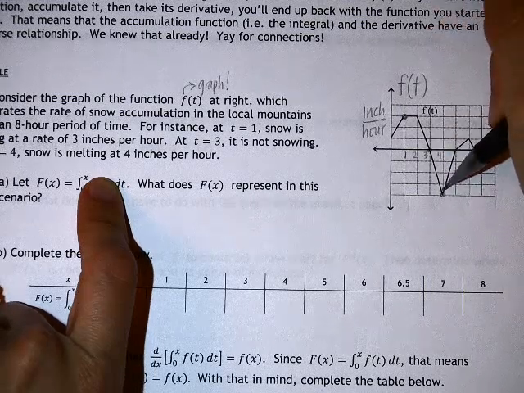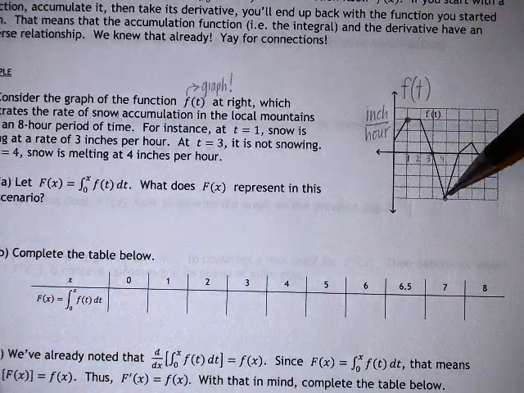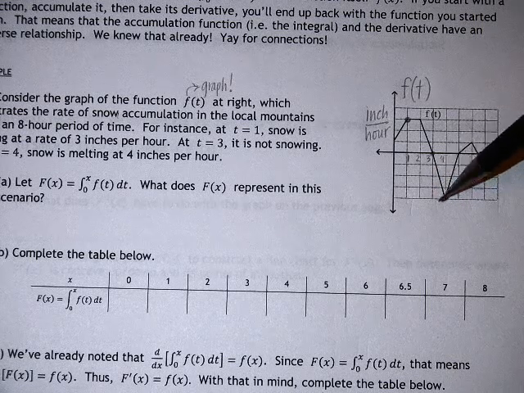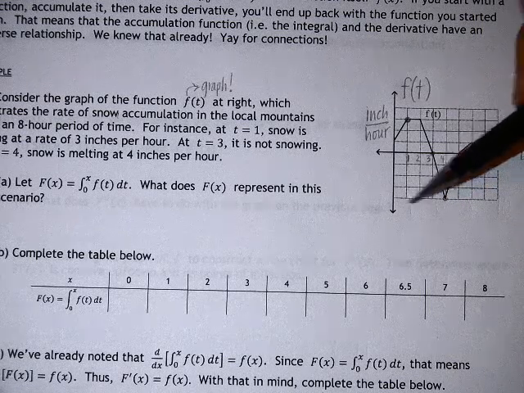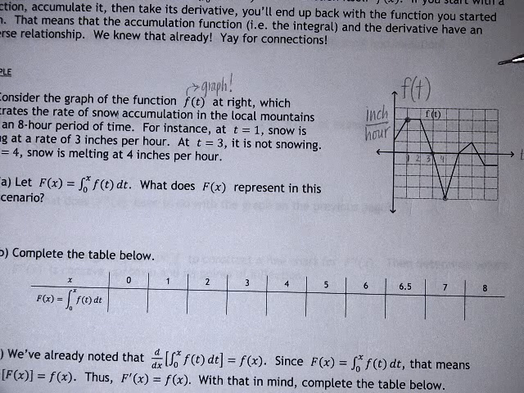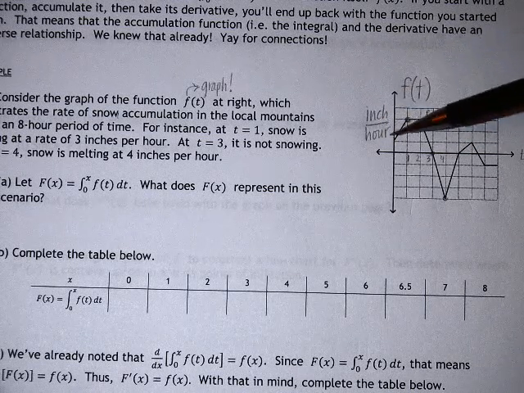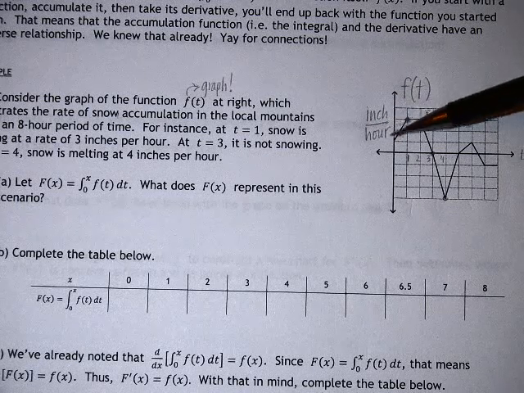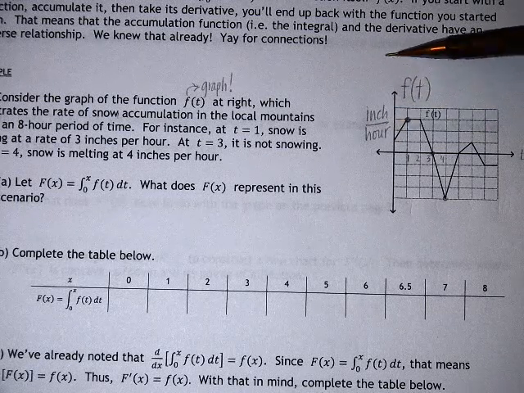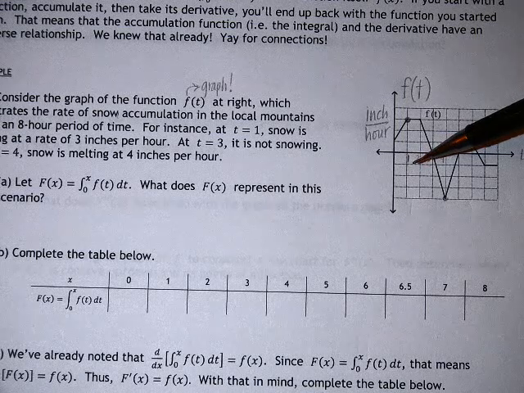Negative rates mean that the snow is essentially disappearing. Snow is melting. The snow is the opposite of falling, which doesn't really make sense in context, but if the snow is actively falling at a positive rate, then that means it's building up and building up and building up, dare I say, accumulating.